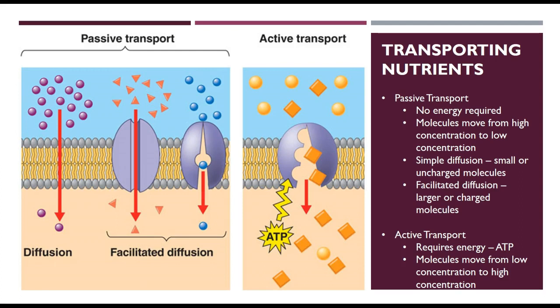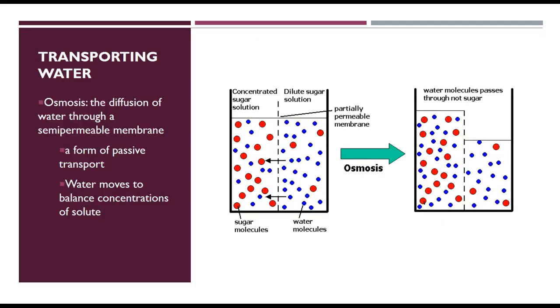And we're going to have to spend a little bit of energy and require the use of some kind of protein in the membrane in order to move those molecules in that way. Another form of transport is osmosis. And osmosis is similar to diffusion, except it only involves water.